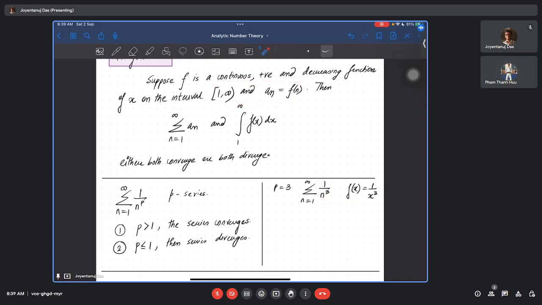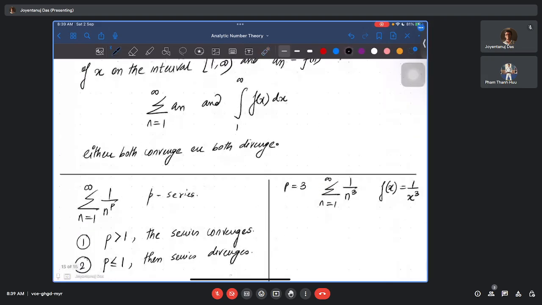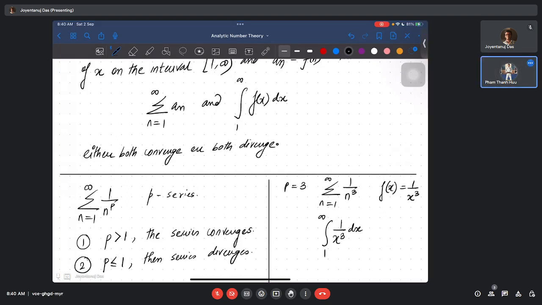Now if I look at this series and the integral from 1 to infinity of 1 by x cube dx, these two either converge or diverge at the same time. So what is this integration, from 1 to infinity?